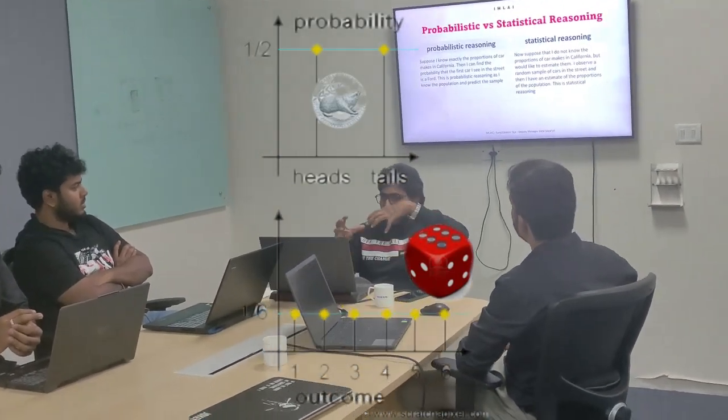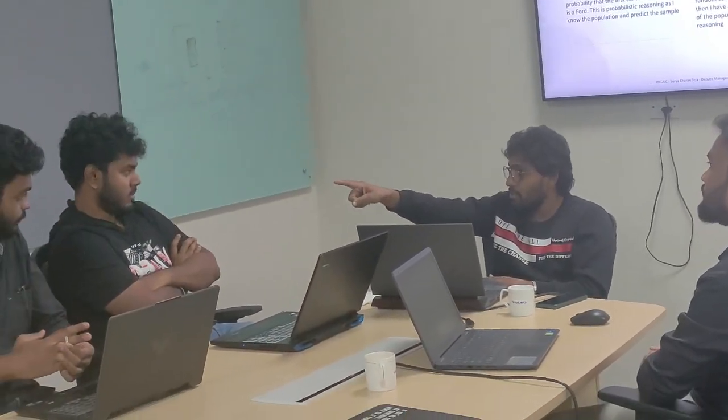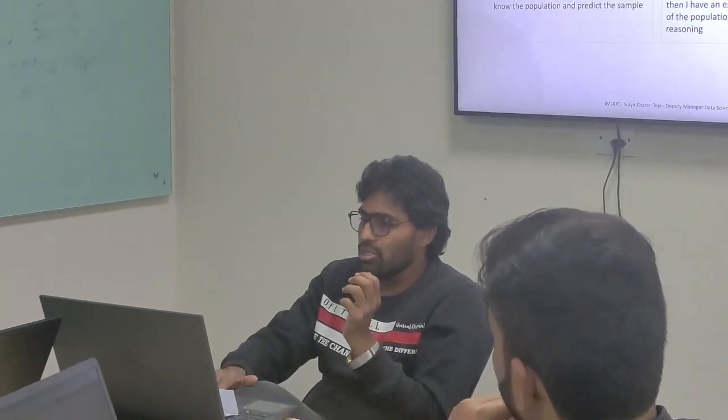This can involve calculating probabilities based on known data or using subjective estimates. Sometimes we use subjective estimates. Example, when you are talking about the weather, it's a subjective estimate of probabilities based on past experience or intuition. Probabilistic reasoning is often used in decision making contexts where uncertainty is present and there is a need to weigh the risks and benefits of different options.